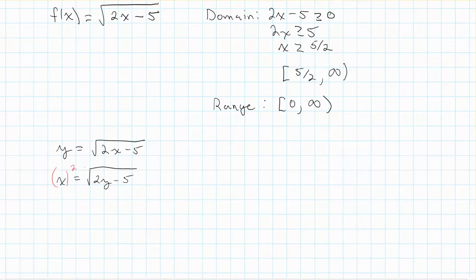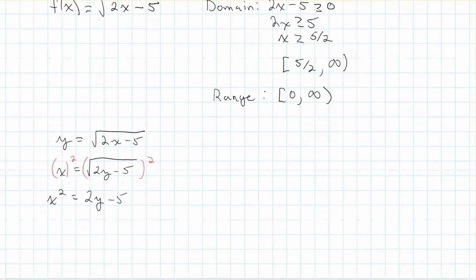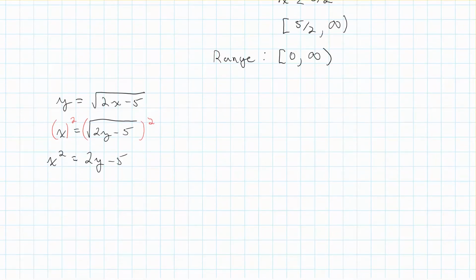We'd square both sides, and we'd get x squared is equal to 2y minus 5. Add 5 to both sides. So you'd have x squared plus 5 is equal to 2y, which we would get y then is equal to x squared plus 5 all divided by 2.